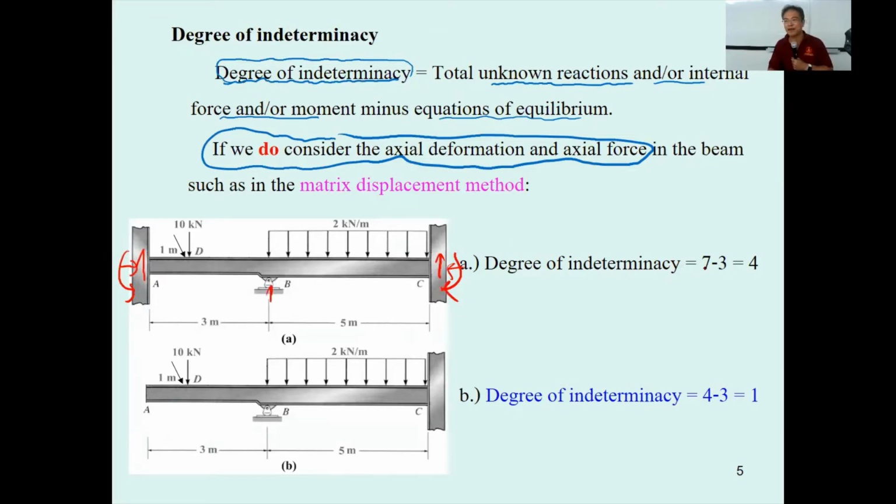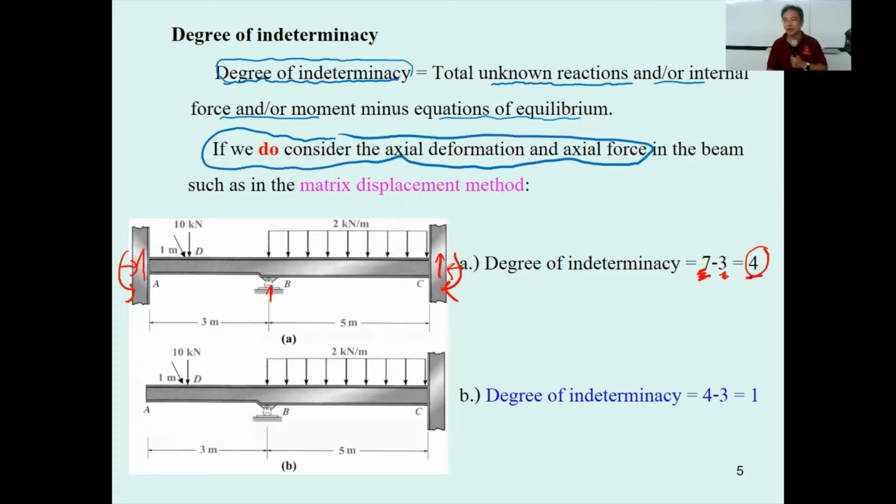We have a total of 7 unknowns. And if you draw the free body diagram of the beam ABC, you will have 3 equations of equilibrium. So this beam is going to have 4 degrees of indeterminacy.